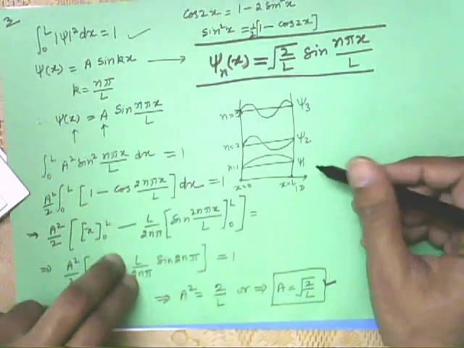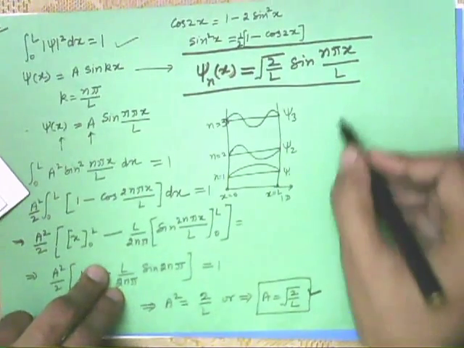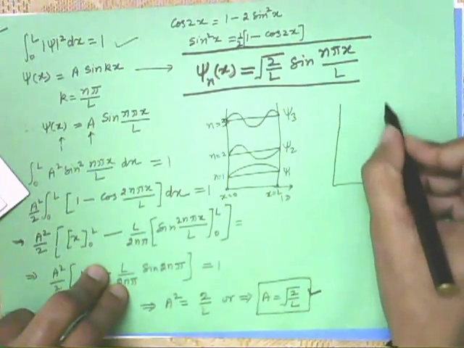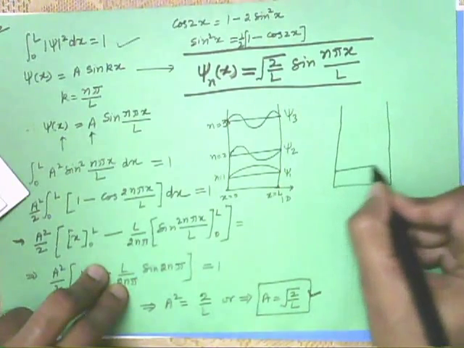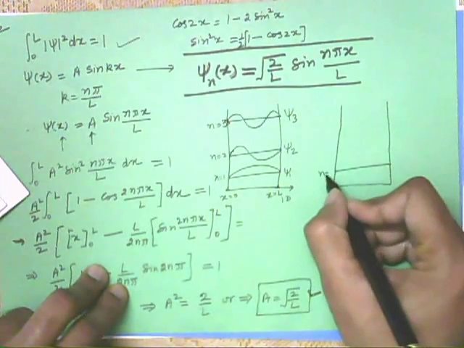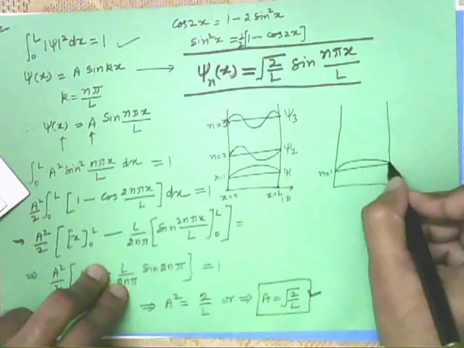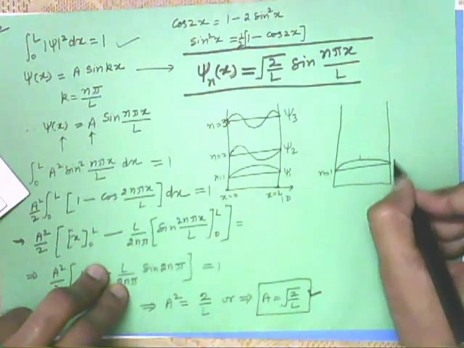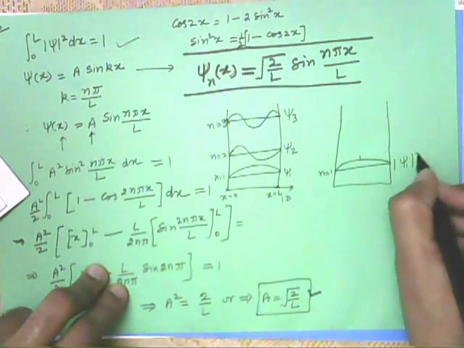And now the probability we can write. So the probability behavior of the particle corresponding to n is equal to 1, the maximum height corresponds to mod psi 1 square.